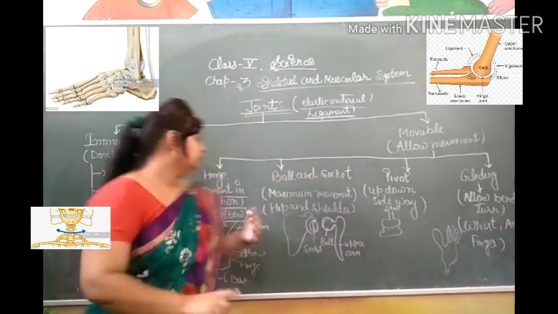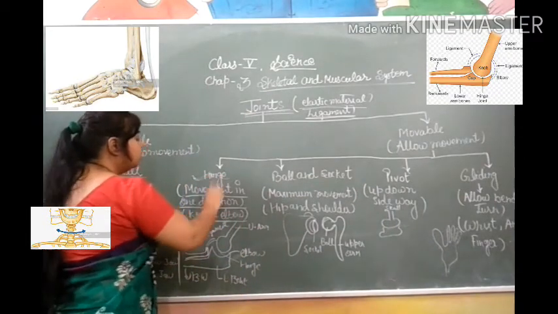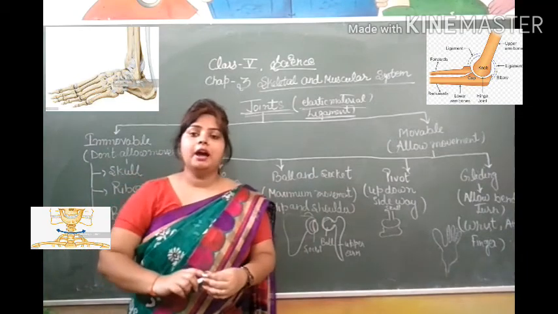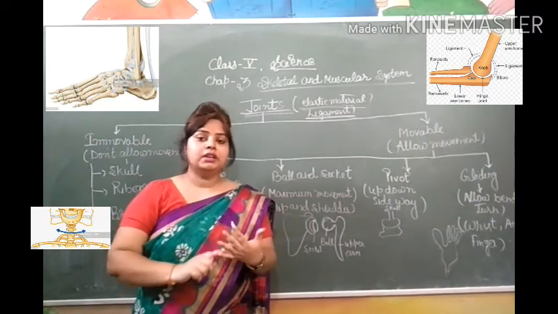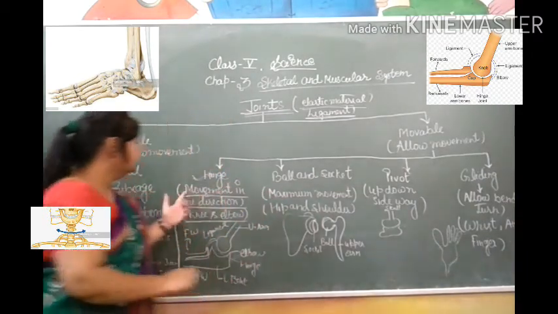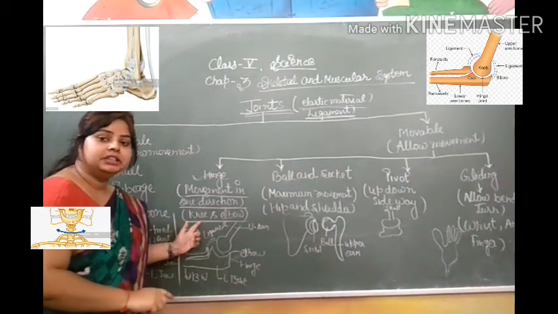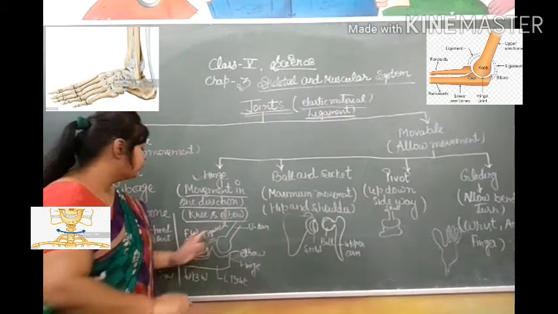Now come to hinge joint. Movable joint allows movement and it has many parts. First is hinge joint. Hinge joint allows movement in one direction, like knee and elbow.